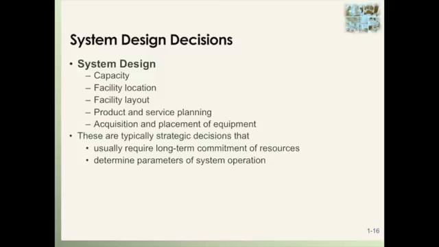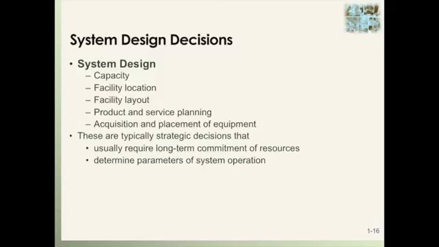So here's some system design decisions. So the capacity, the facility layout, the facility location, product and service planning, acquisition and placement of equipment. These are typically strategic decisions that require long-term commitment to resources and determine parameters of system operation. So let's go to my Chipotle example.